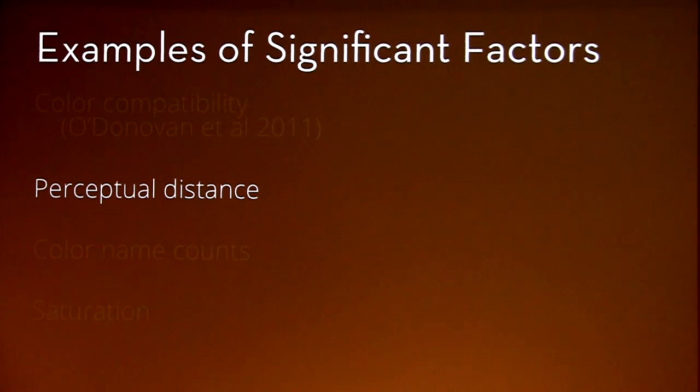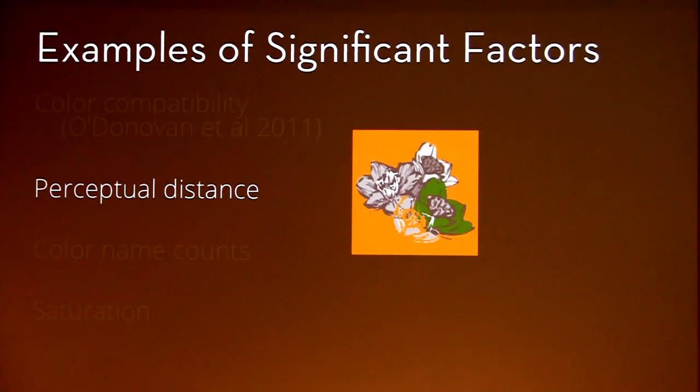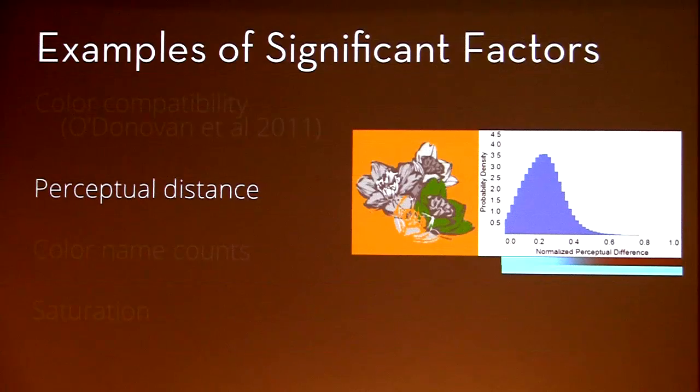So in addition, we found that our model prefers a certain amount of perceptual distance between adjacent regions, but not too much. So as an example, let's take this flower pattern again. We have two regions highlighted in orange and green, which we're looking at. And we see that between these two regions, there is a certain amount of distance that tends to be ideal.